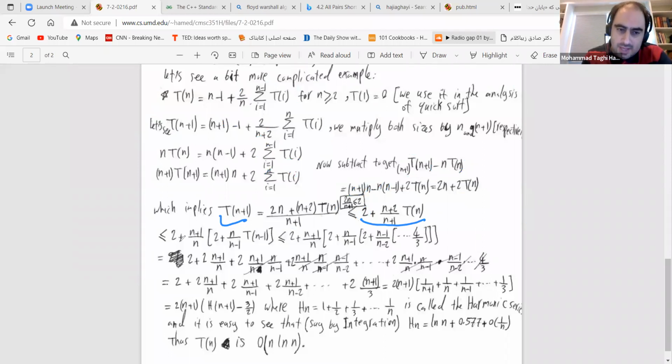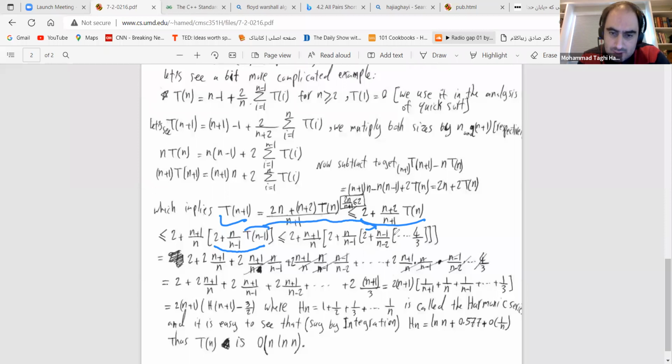Now, for this one, let's try to expand it. So for T of n, we have this one. Again, we write down the same formula, 2 plus n over n minus 1, t of n minus 1. Let's expand it one more time. Instead of T of n, we are writing this formula, we have 2 plus n minus 1 over n minus 2.